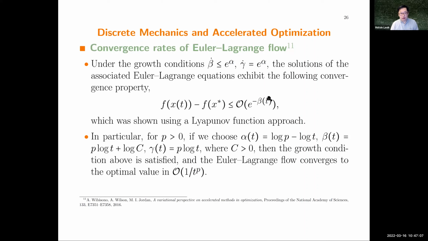In particular, if you choose alpha, beta, and gamma this way, which involves p greater than 0, then you can show that the rate of convergence is big O of 1 over t to the p. When p is equal to 2, you basically get the Candes description of Nesterov, but at least in principle now you have continuous time dynamics which could converge at an arbitrary rate to the minimizer.